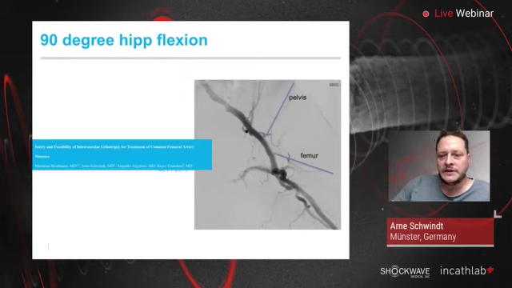And we even did a 90-degree hip flexion angiography to see if there are any kinks or problems that come with the implant. And we see here a very nice harmonic reconstruction.